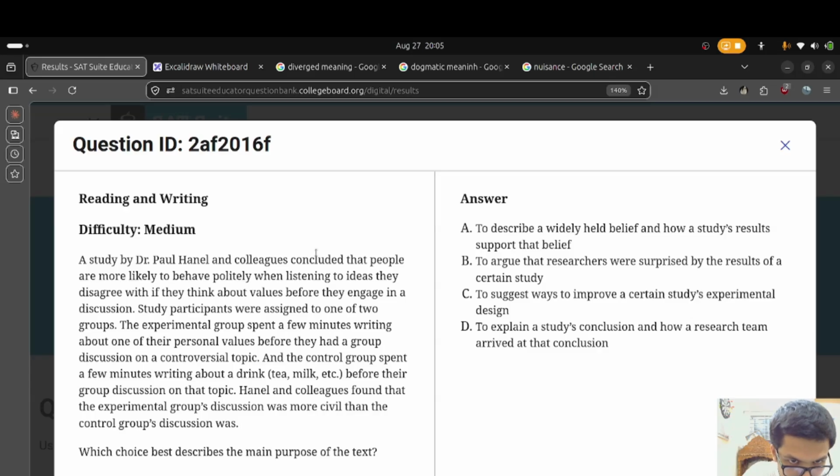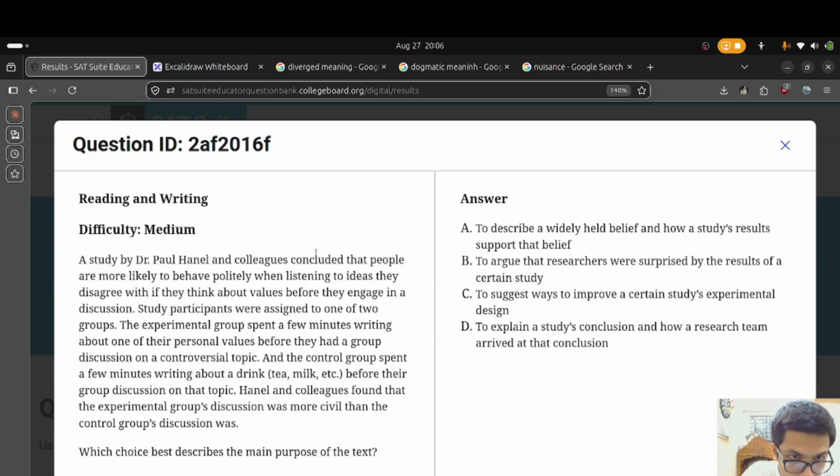About a drink before they. So in that case, it should be how we explain a study's conclusion, to explain a study's conclusion and how a research team arrived at the conclusion.